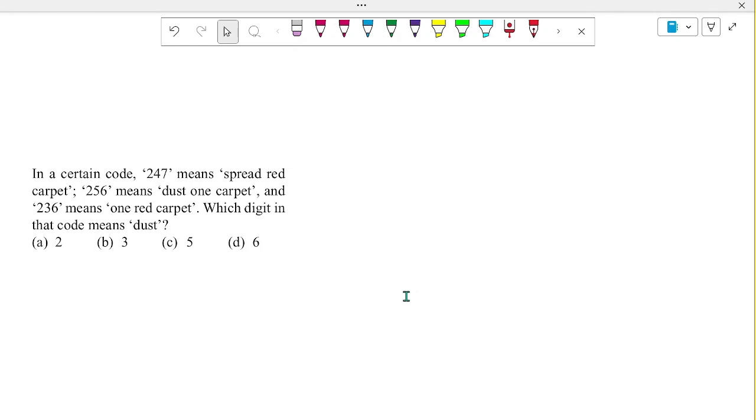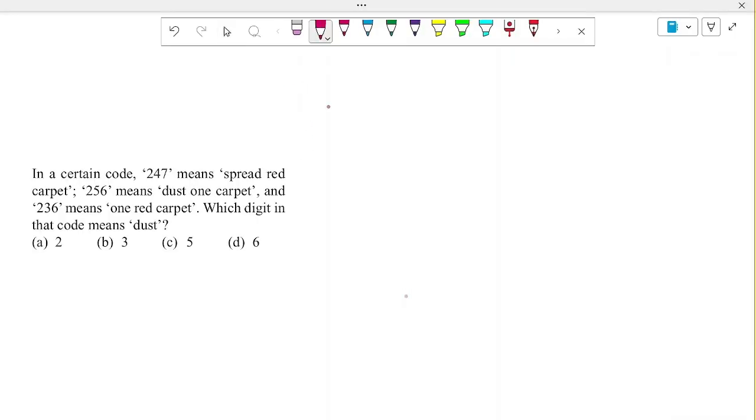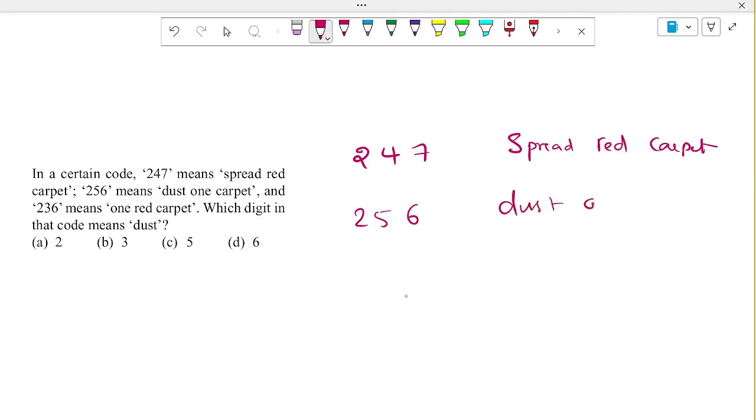Here we have got these digits. That is the difference. So answer for this is what? You can see 247 spread red carpet, and then 256 is dust one carpet.